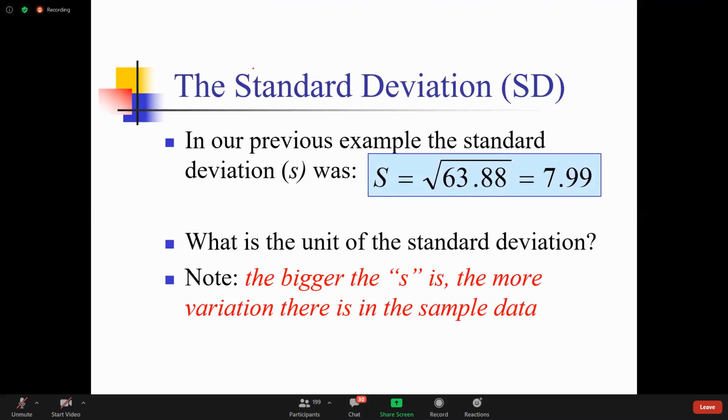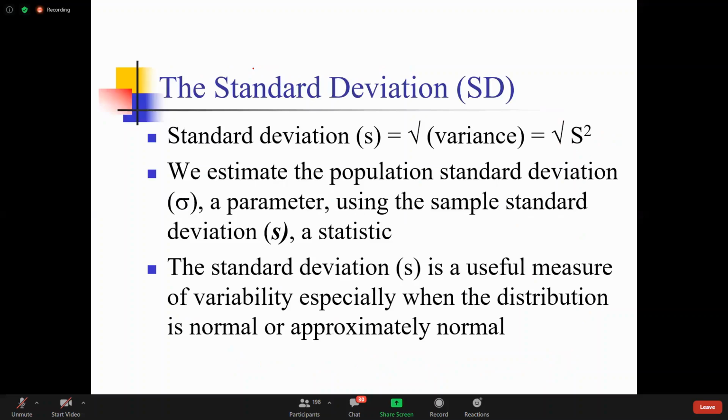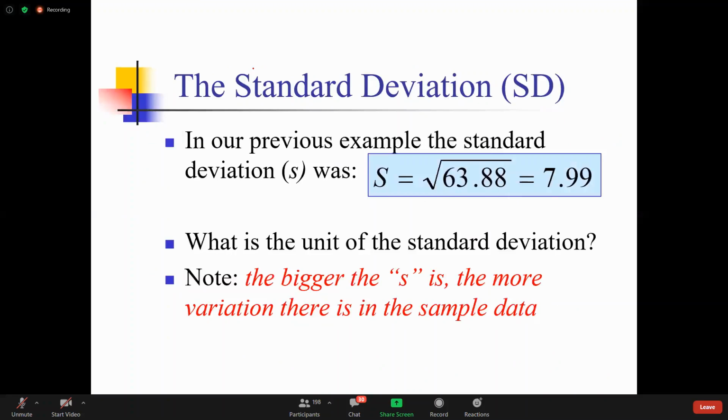What we did previously was standard deviation. What is the standard deviation? It's the square root of the variance. Remember, what is the variance in this case? 63.88. That's the variance we calculated from the data. How do you calculate the standard deviation? You take the square root of 63.88, and it's 7.99. What is 7.99? It is a measure of variability in this data set.